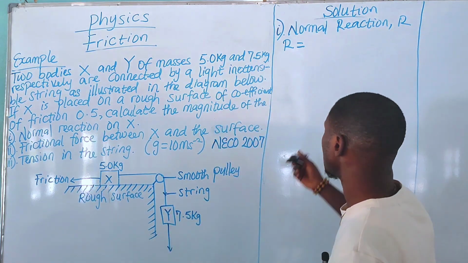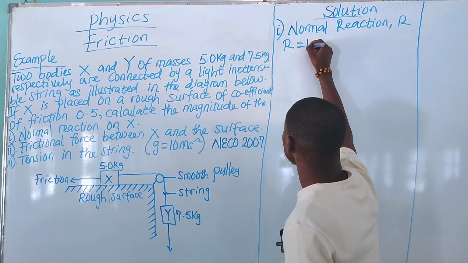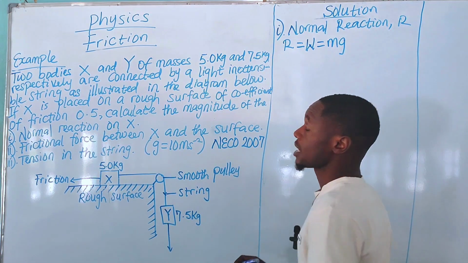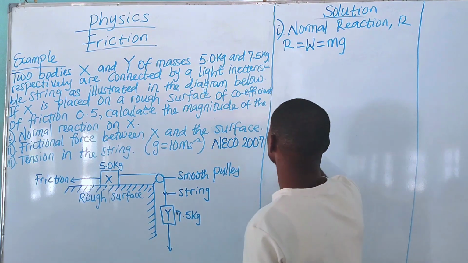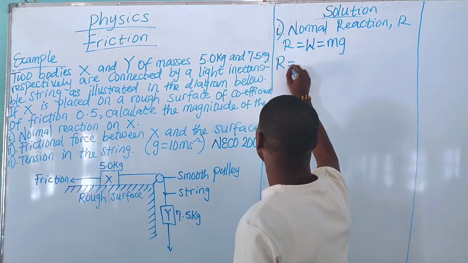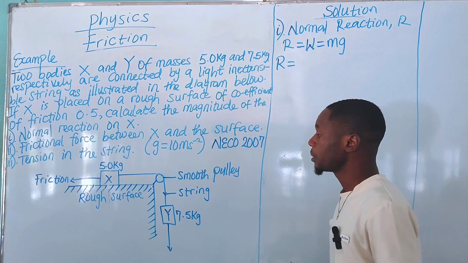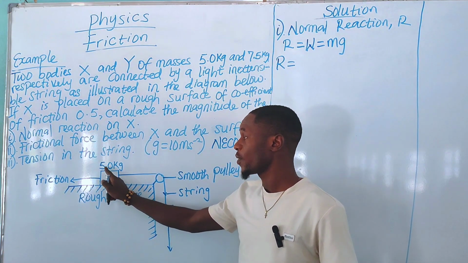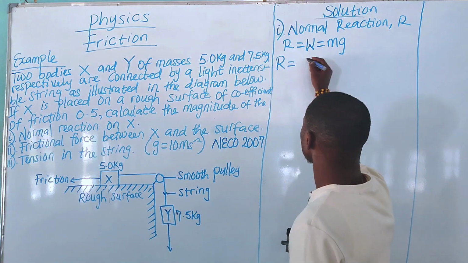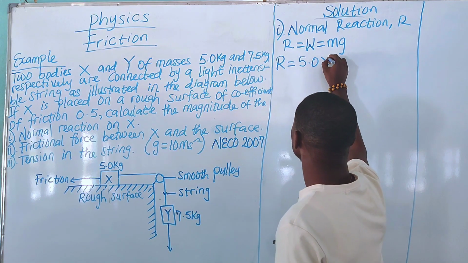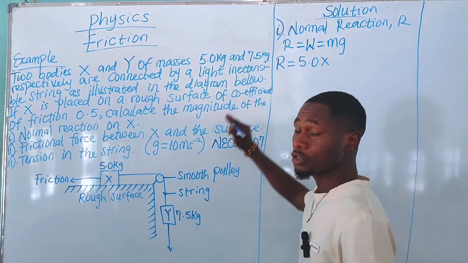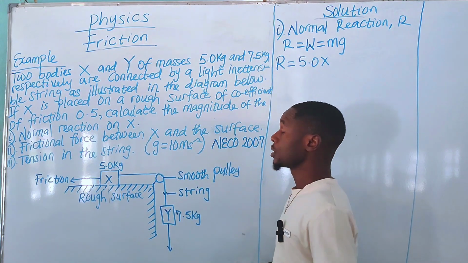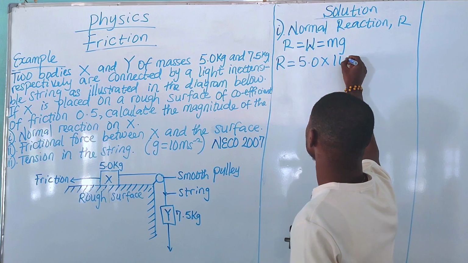So the normal reaction on body X will be equal to the weight, which is equal to the product of the mass multiplied by acceleration due to gravity. So our normal reaction R will be equal to the mass of body X, which is 5.0 kg, times acceleration due to gravity g, which we are given in the question to be 10 meters per second squared.